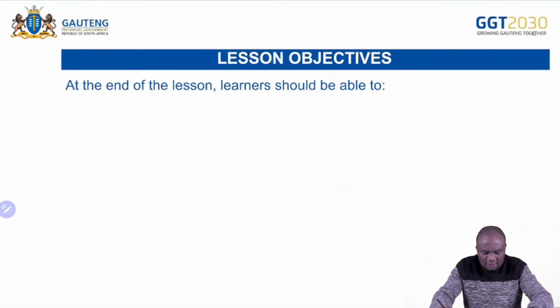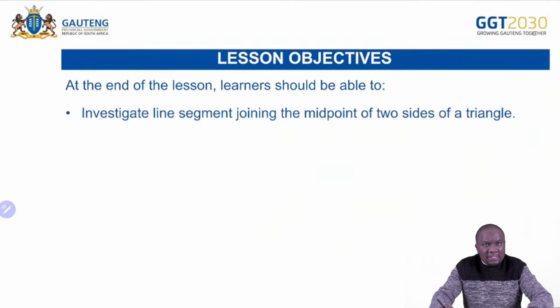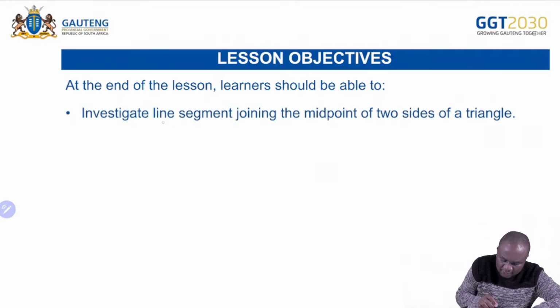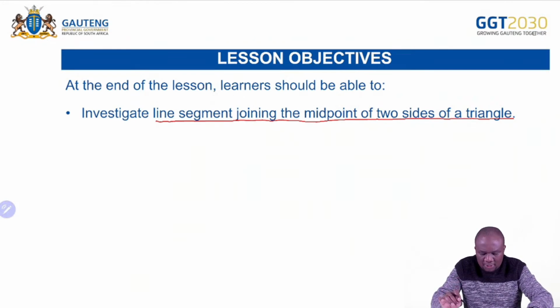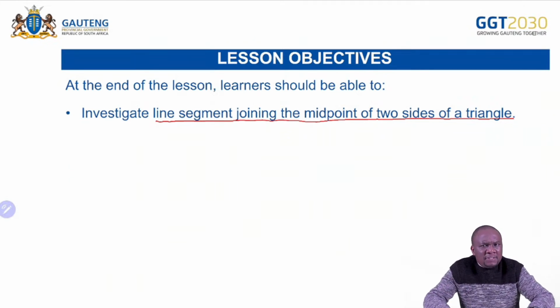So at the end of the lesson, learners, you should be able to investigate the line segment. That's the main purpose of this lesson. We're investigating the line segment joining the midpoints of two sides of a triangle. How many sides does a triangle have?